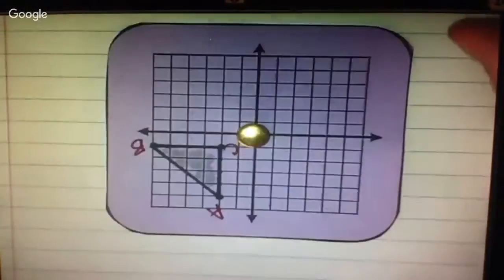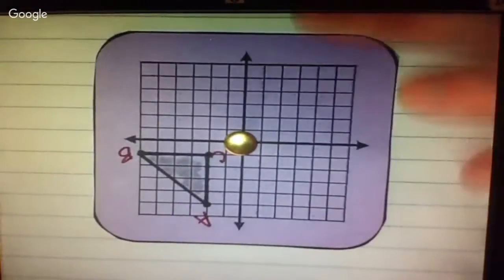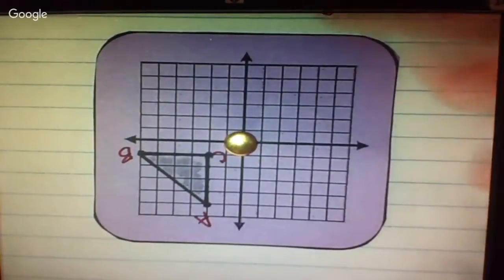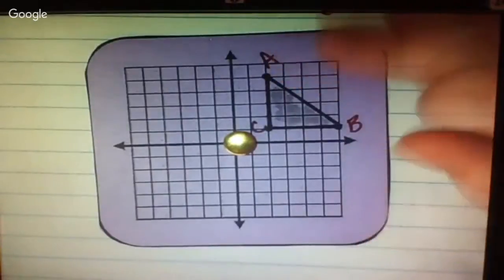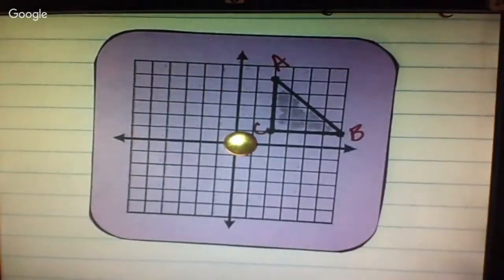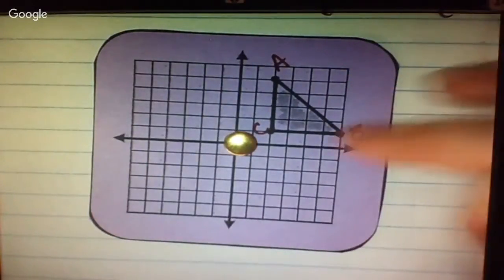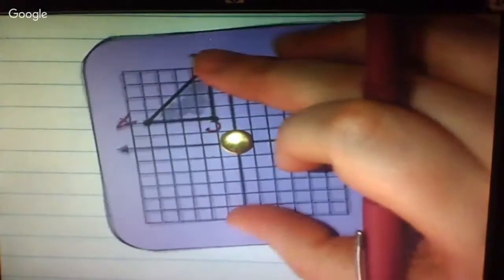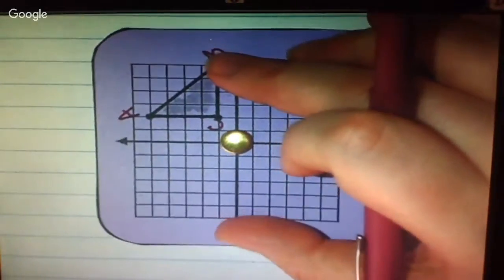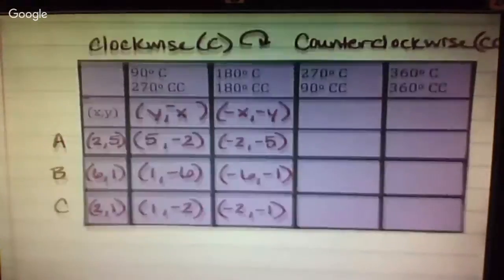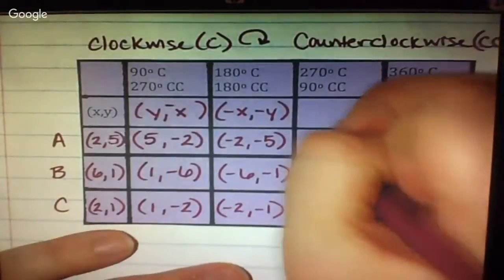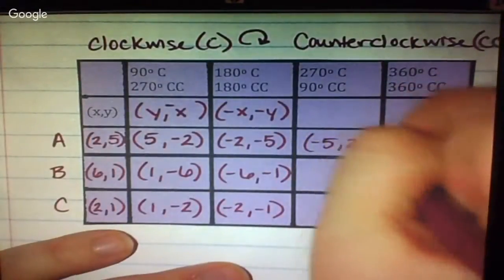Next one. 270 clockwise, which is the same thing as 90 counterclockwise. So if I start here, where do I end up? I end up in the second quadrant. There's 90 counterclockwise or 270 clockwise. So where's A? Negative 5, 2.